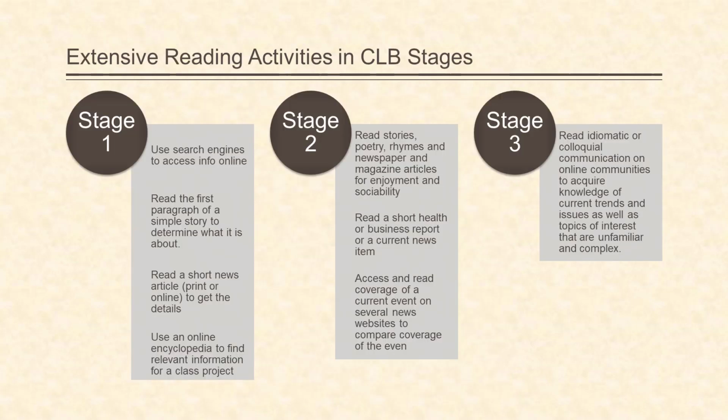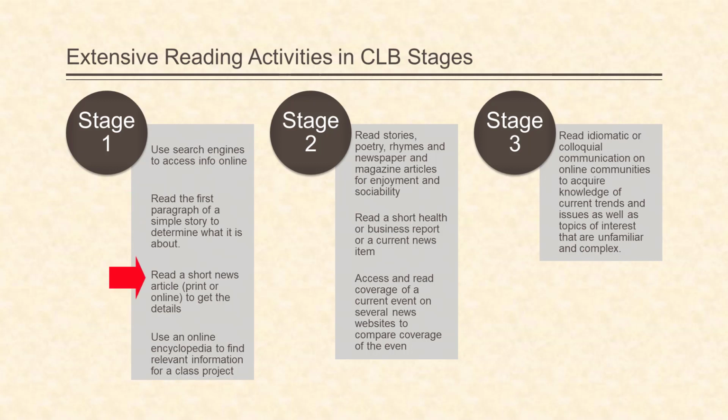Several excellent reading activities were found during this review that might be considered extensive reading. For example, in Stage 1 strategic competence, there was use search engines to access information online. In CLB 3 sample tasks, we had read the first paragraph of a simple story to determine what it is about.